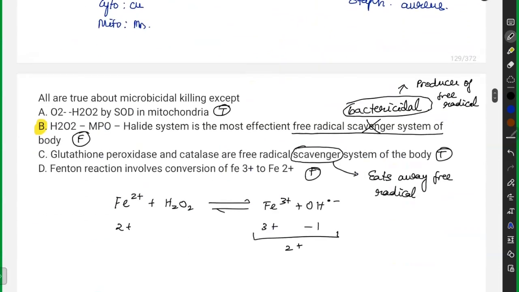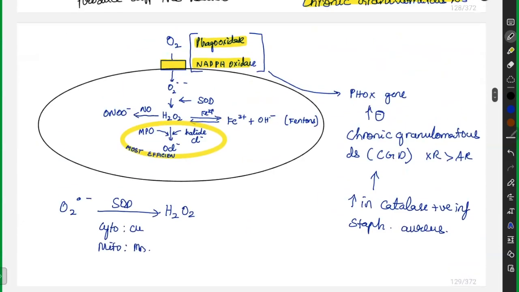Now you need to understand oxygen independent killing. Oxygen independent killing is based on the lysosomal enzymes and other lysosomal proteins. Neutrophils and monocytes contain lysosomal granules that contribute in the microbial killing. Neutrophils mainly have two types of granules. One is called as azurophilic granules, other is called as specific granules.